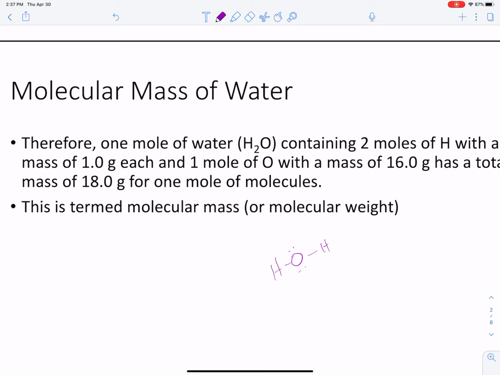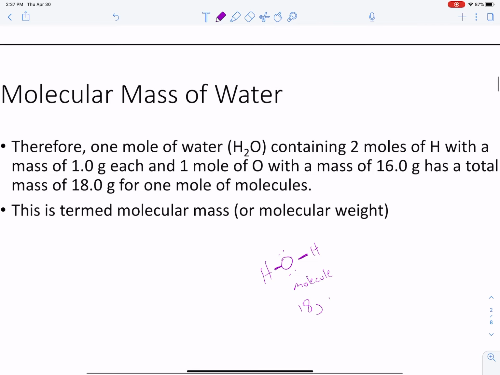So if water looks like this, and we're sharing a couple of electrons here and a couple of electrons here, then because of the sharing, we call this a molecule. And when we look at the 18 grams, that becomes the molecular mass.